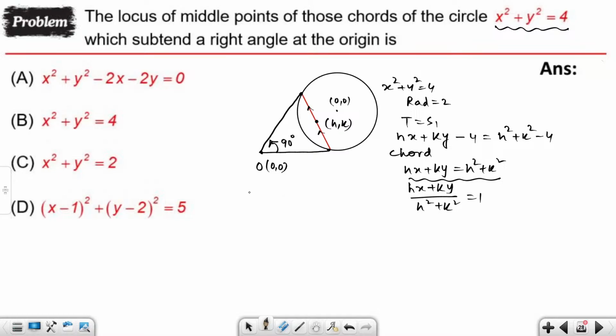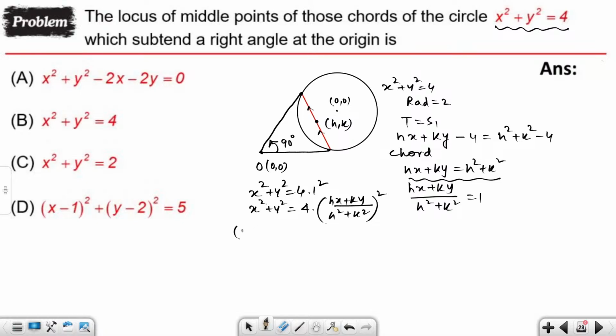So how to homogenize this equation? x square plus y square is 4. 4 means it's 4 times 1 square. So I will write this as 4 times (hx plus ky divided by h square plus k square) whole square. So again, I have already homogenized it.